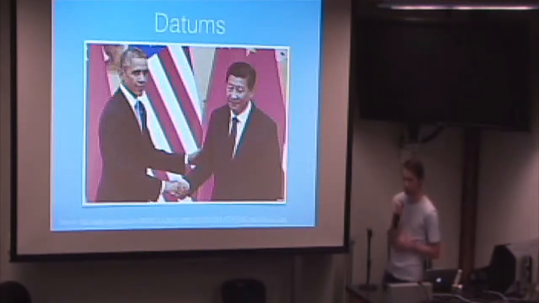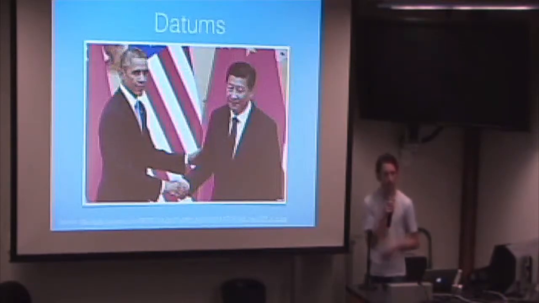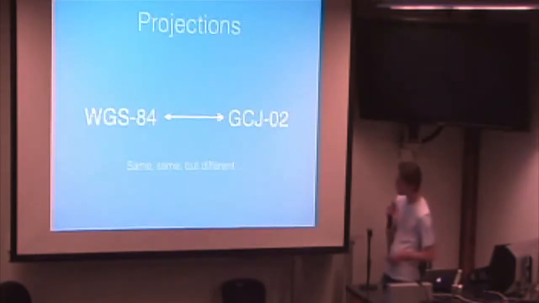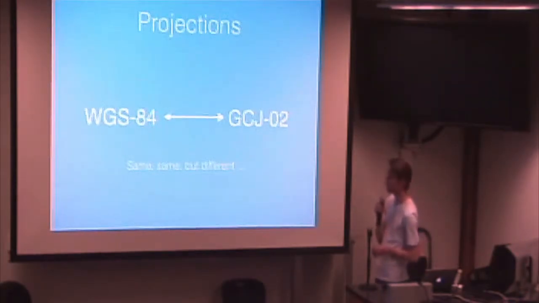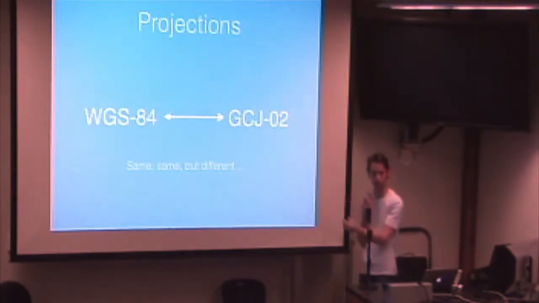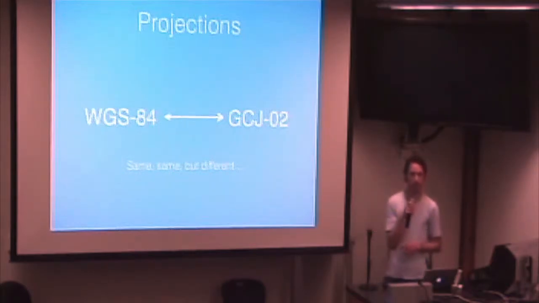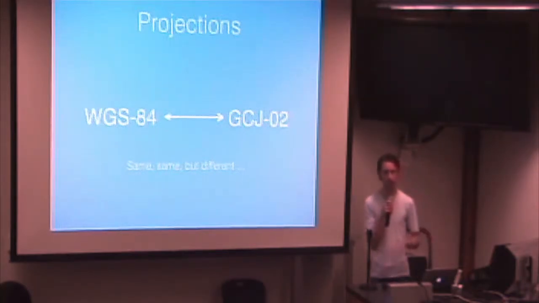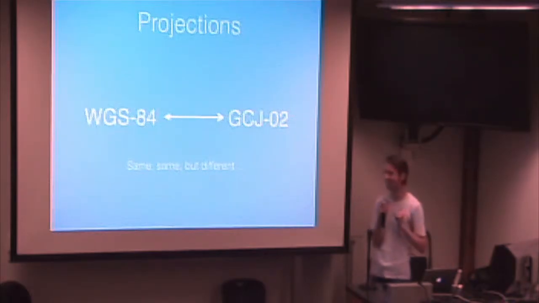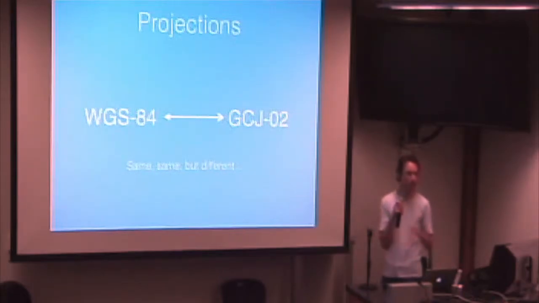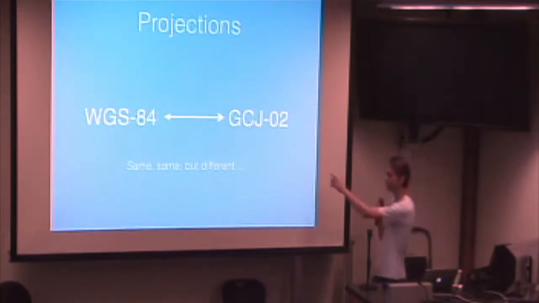When these gentlemen get their security briefings, they probably get the briefings in different coordinate systems. One is the WGS system, and the other is the Chinese counterpart. They're exactly the same, except that there's a 100-meter offset for the Chinese one. I don't know if you intend to work on an app for China, but if you release something for China, you have to use that coordinate system.